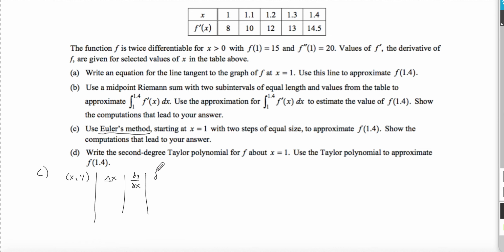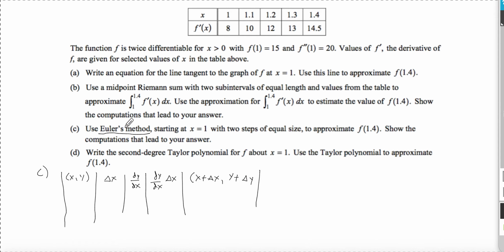I need to know dy dx times my delta x, because that'll give me the change in the y value. And then I need to know my final point over here. So x plus delta x, comma, y plus delta y. How much did my y value change?